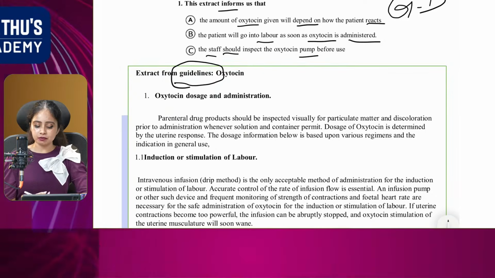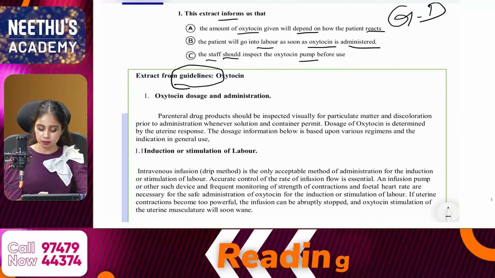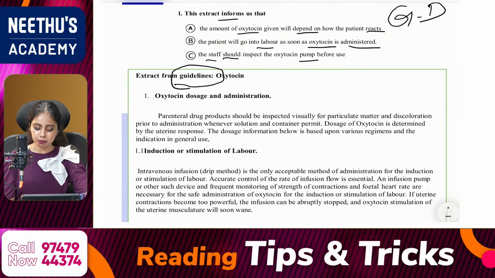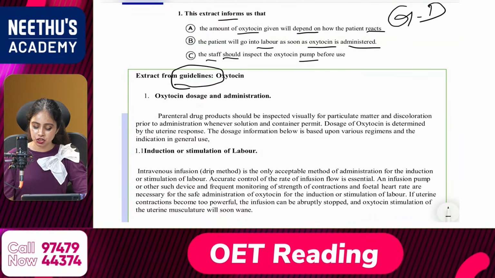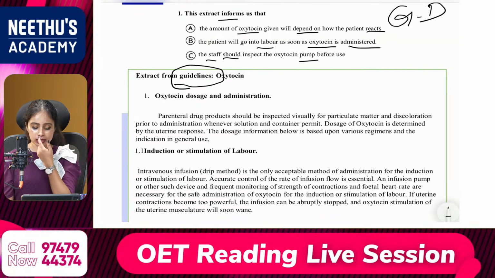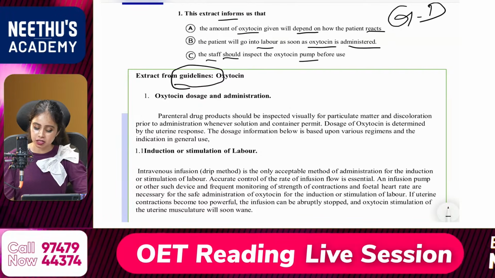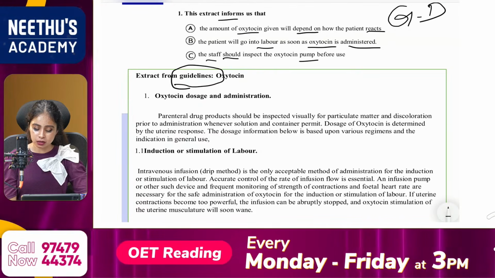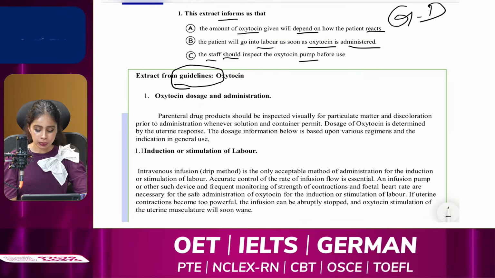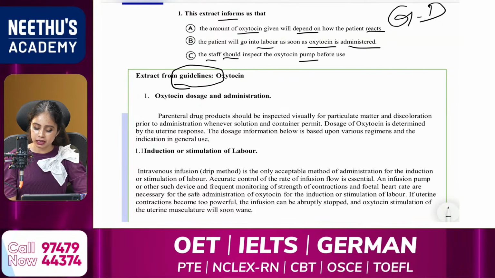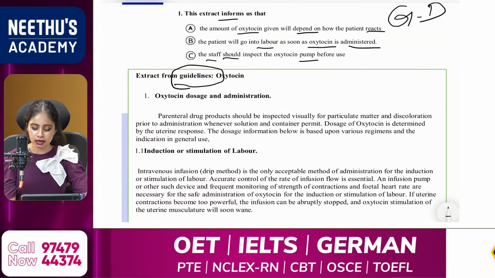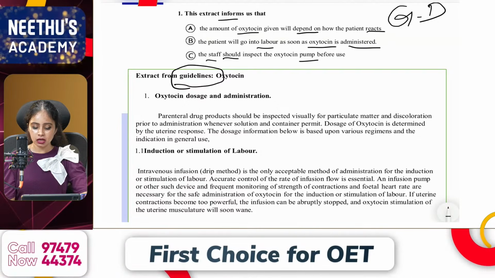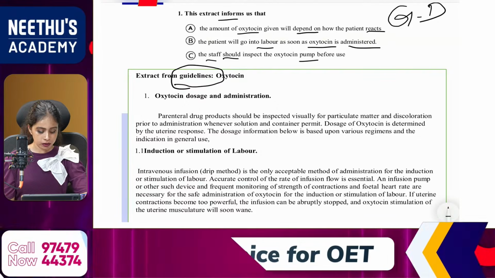Extract from guidelines, oxytocin. Oxytocin dosage and administration. Parenteral drug products should be inspected visually for particulate matter and discoloration prior to administration whenever solution and container permit. Dosage of oxytocin is determined by the uterine response. The dosage information below is based upon various regimens and the indication in general use. So from the first line itself, you can eliminate which option?